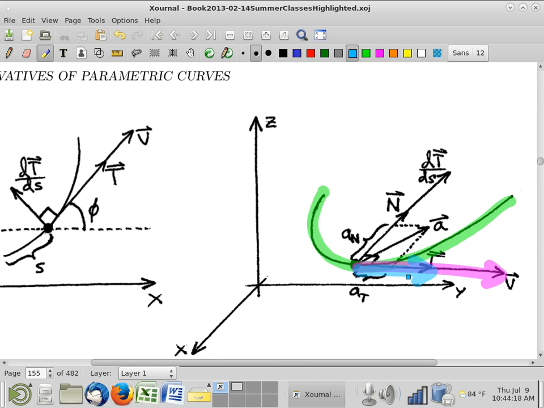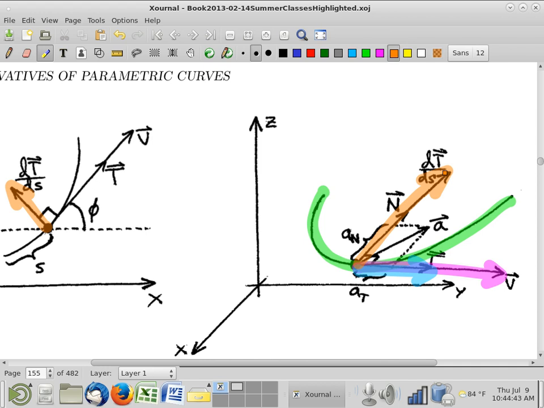So what turns out to be super handy is to go back to the two-dimensional version and recall that, oh yeah, dT/ds as a vector represented curvature, as it turned out. That was a cute observation we made at the end. The good thing about it is that dT/ds is a perfectly natural thing to talk about in the three-dimensional context as well.